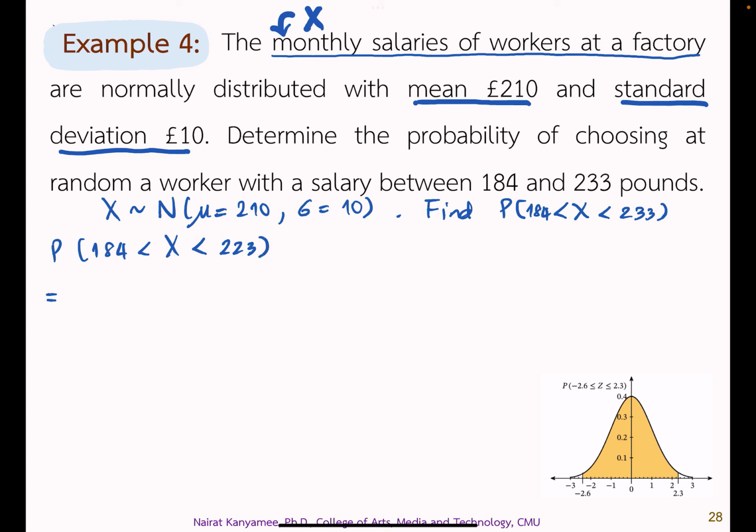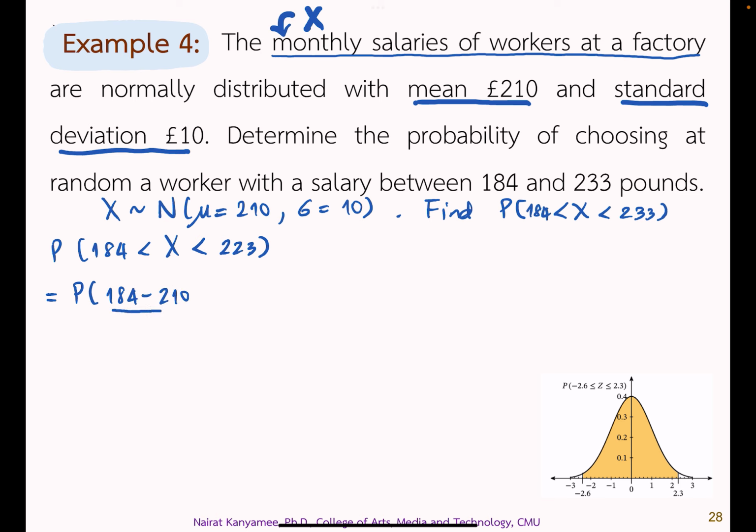Convert this, standardize this by subtracting mu from X. We don't have a table for X, but we do have a table for the z-score, so we need to convert it.